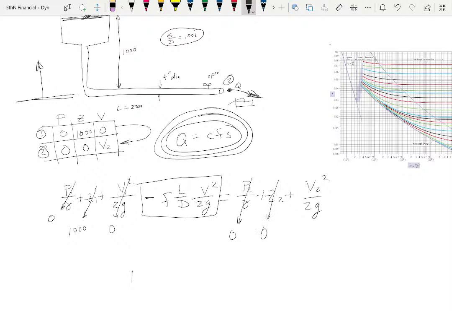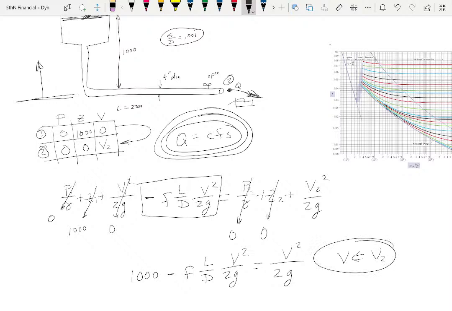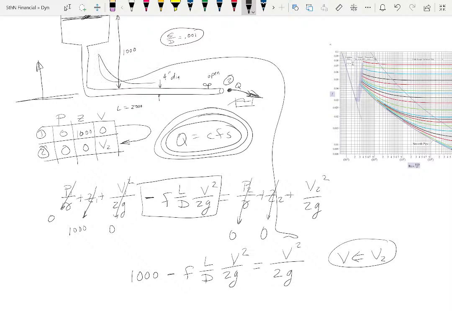So what I've got is 1,000 minus f L over D V squared over 2g is equal to V squared over 2g, where V is the velocity in the whole pipe. Since the diameter is not going to change along the pipe, these velocities are going to be the same.